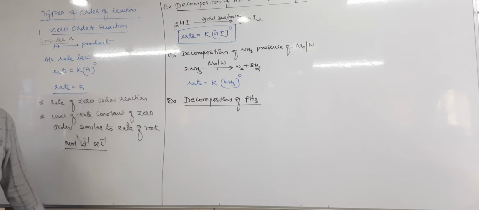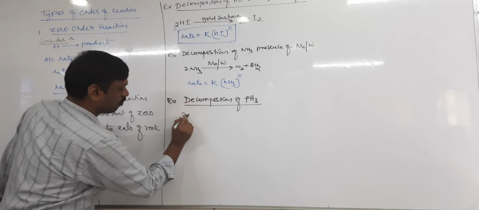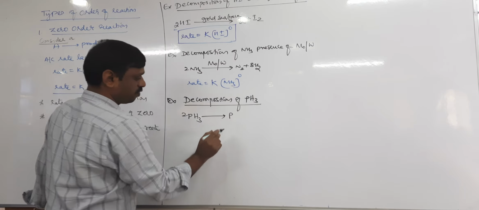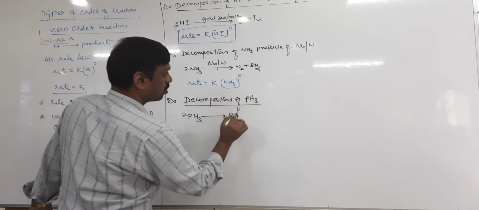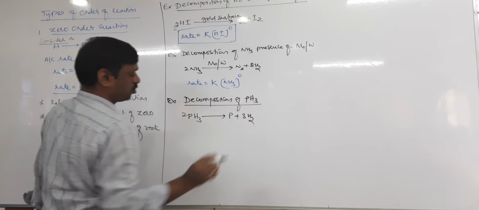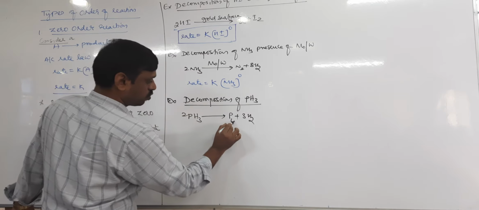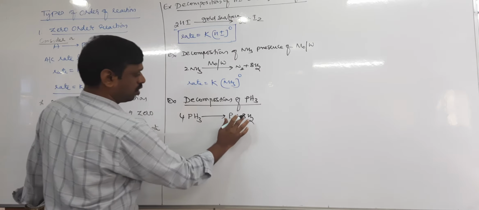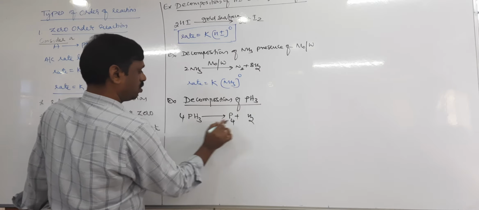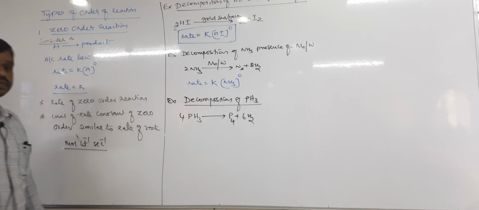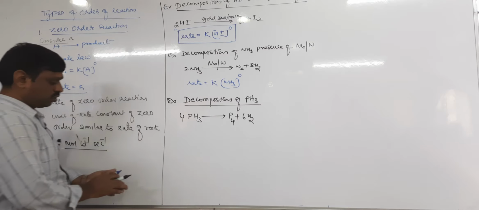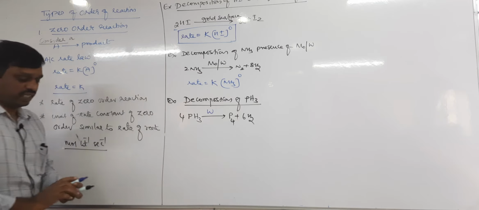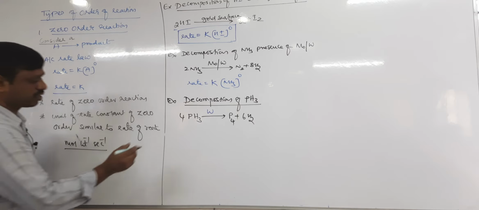Similarly, 4 phosphine undergo decomposition to give phosphorus and 6 hydrogen. Phosphorus is usually a P4 molecule, so you can take 4 molecules, which become 6 H2. This reaction also takes place usually in the presence of tungsten as a catalyst.